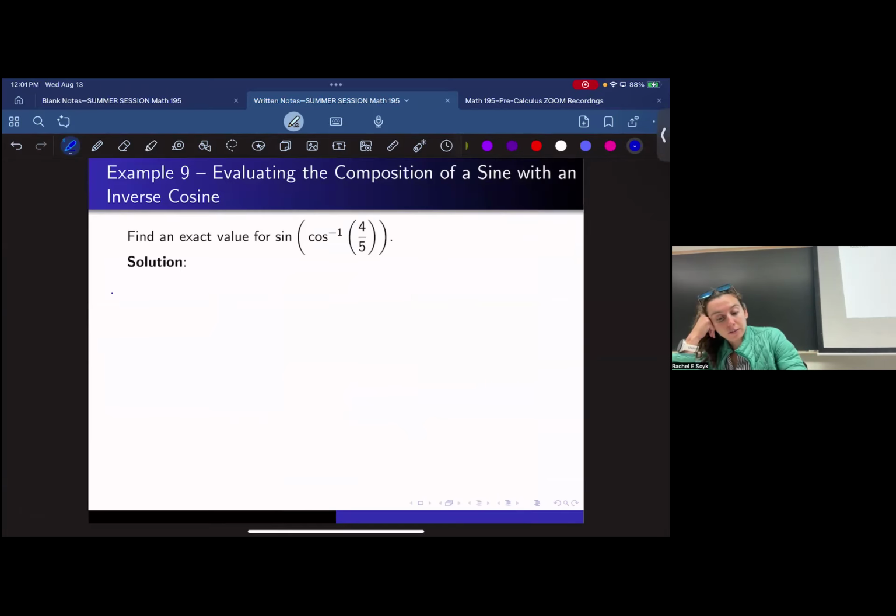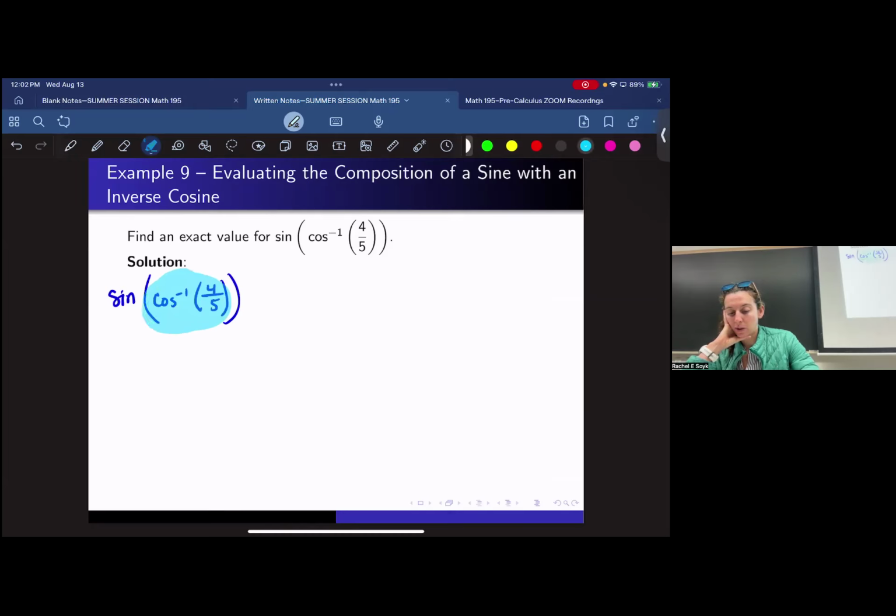So we have sine of cosine inverse of 4 over 5. And let's just really zoom in on that cosine inverse of 4 over 5. What is that asking us? Well, if we call this to be our theta, then essentially we're figuring out, okay, cosine of theta must equal 4 over 5.